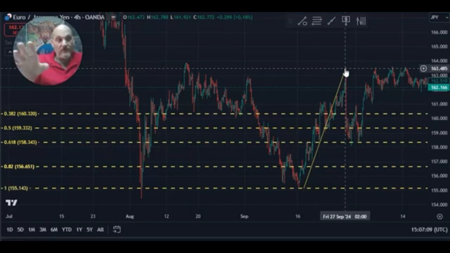I don't use 0.786. 0.786 is the square root of 0.618. Square roots and prices that are square, or ratios that are squared, have relationships to one another. Hint, hint, hint. Okay? It's important.